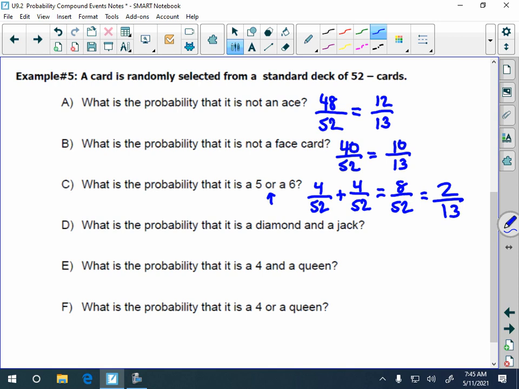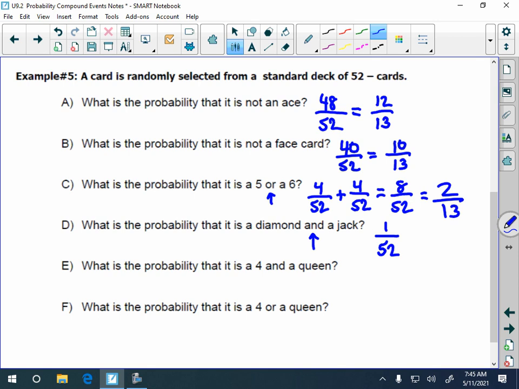All right, D, what's the probability the card is a diamond and a jack? So we have the word and in it. So we want to find the intersection between these 2 events. So how many diamonds are also jacks, or how many jacks are also diamonds? Well, there's only one card that's both. It's the jack of diamonds.